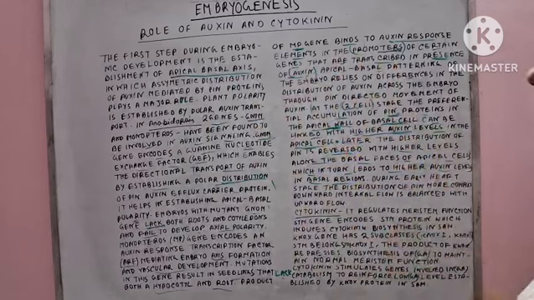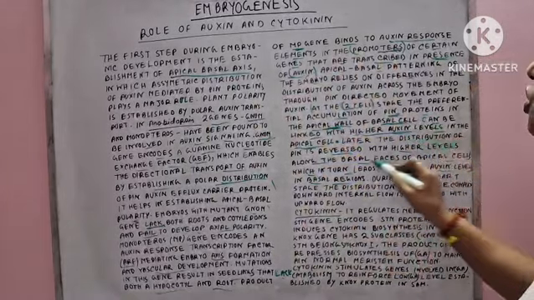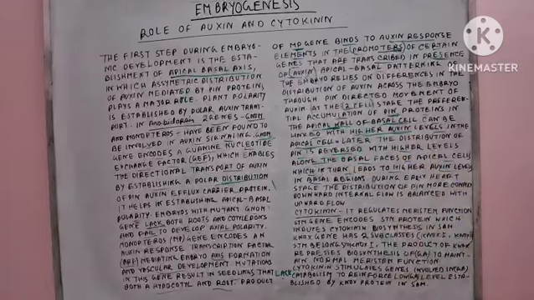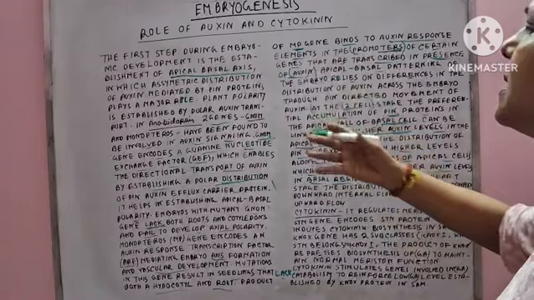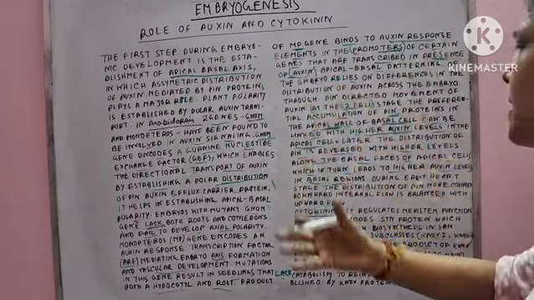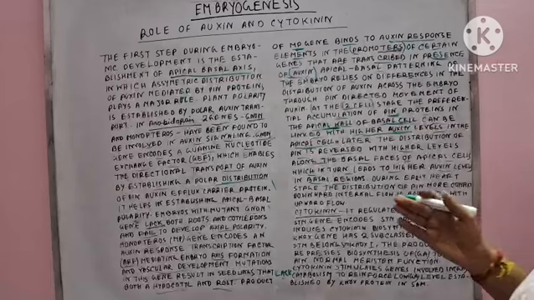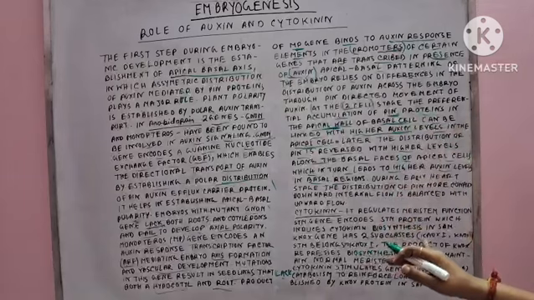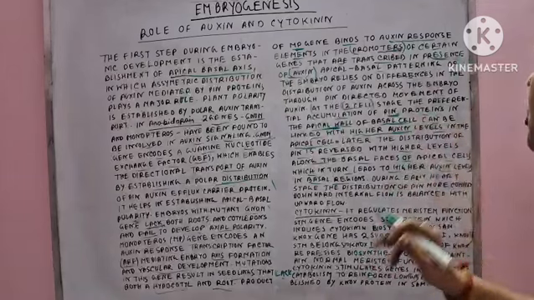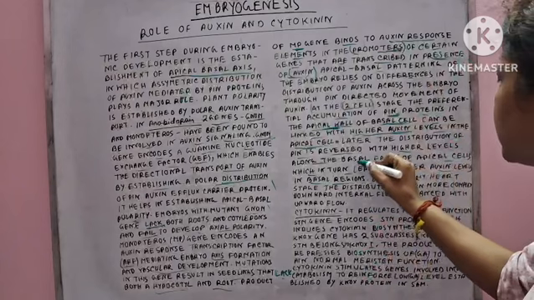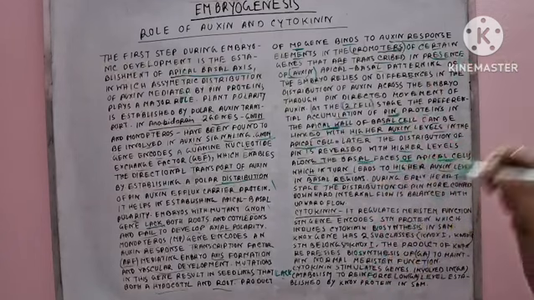But later, the distribution of the PIN is reversed. When the apical cell development has already started, the process becomes reversed. In that situation, PIN protein accumulates at the basal faces of the apical cells.